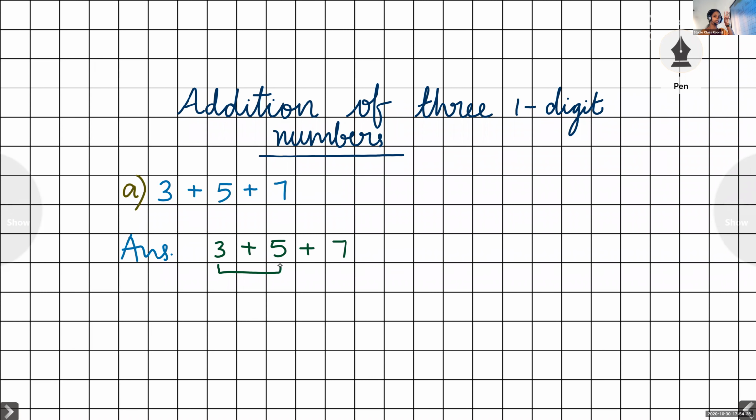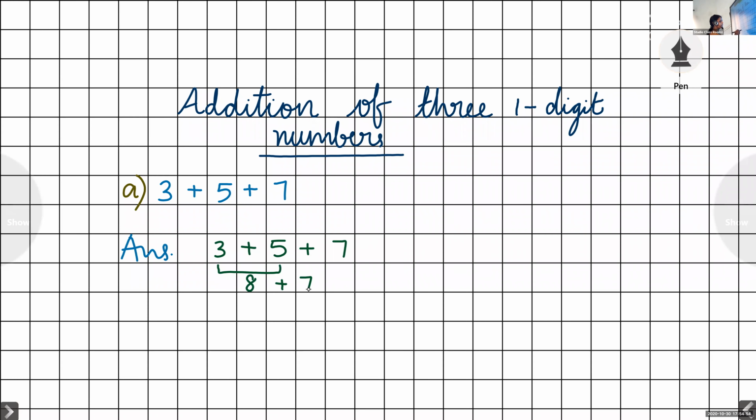5 in the mind, 3 in the fingers. So after 5, 6, 7, 8. Okay, good. The answer is 8. Now let us add the sum with the 7. Third number 7.